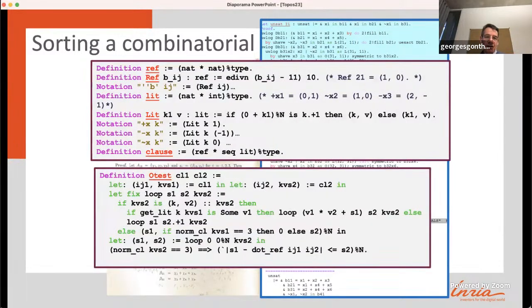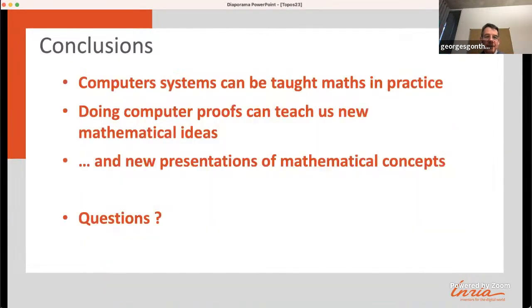And the formal definitions for these things are basically trivial, just a couple of lines each. So that makes me finish about on time.